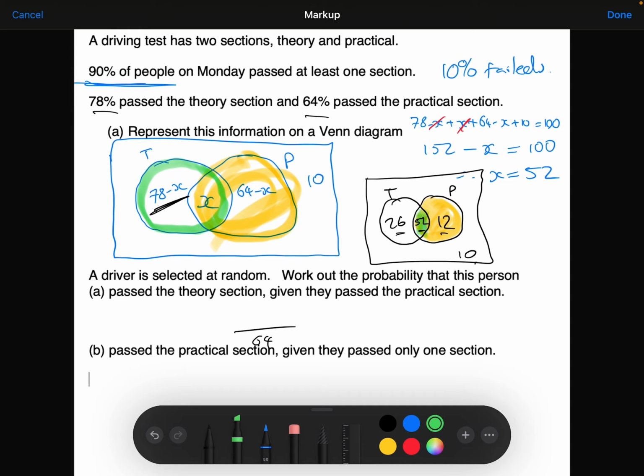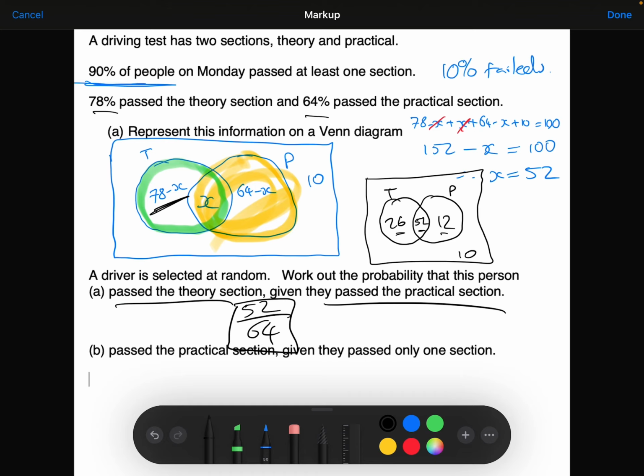So of those, 52% of people passed the theory, so that's 52 out of 64. That's the probability that they passed the theory test, given that they passed the practical test.